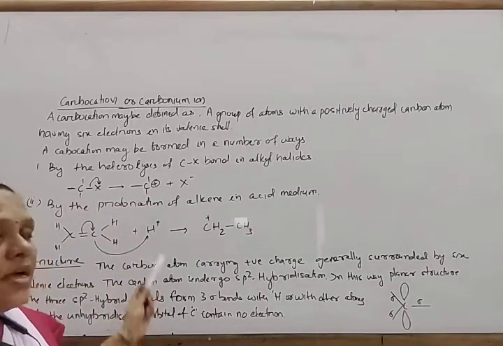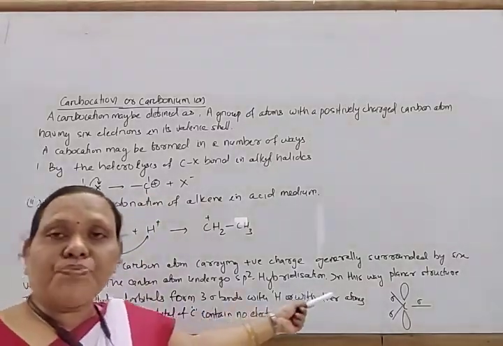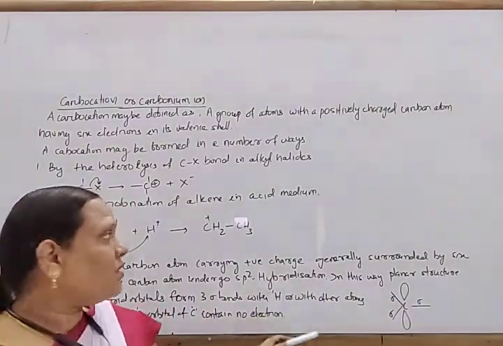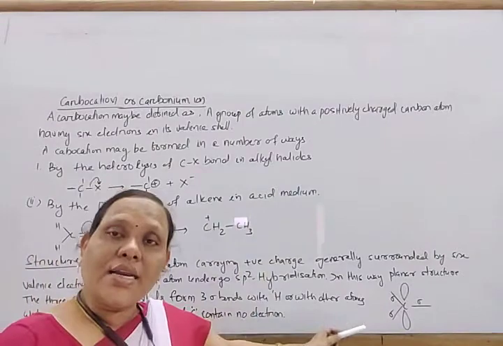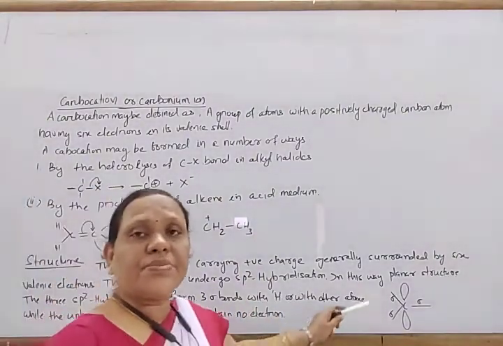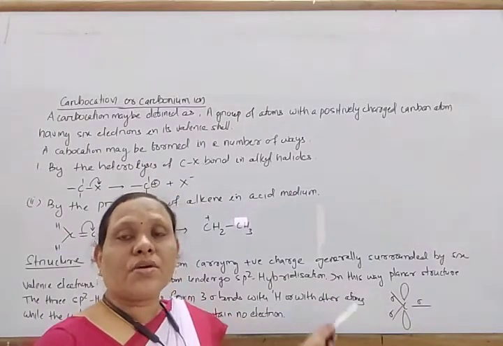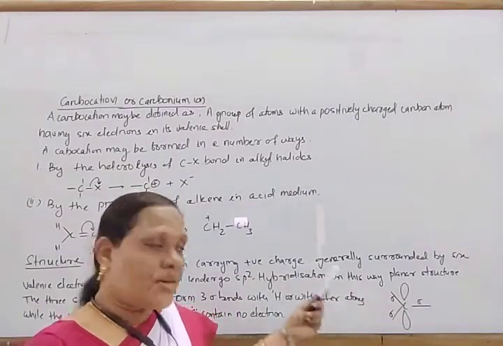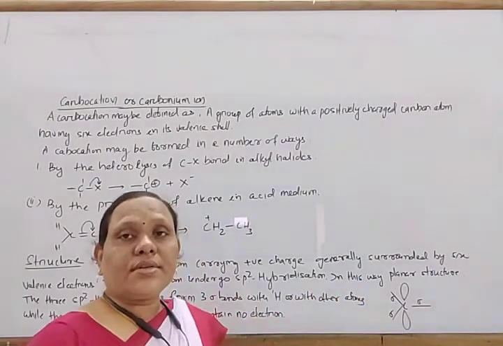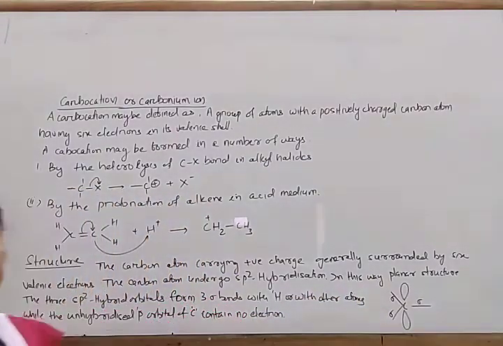So with these 6 electrons, it undergoes sp2 hybridization, and sp2 hybridization is planar in nature, so carbocation is planar in nature. Next, the 3 sp2 hybrid orbitals form 3 sigma bonds with hydrogen or other carbon atoms or with other atoms, and the unhybridized p orbital of carbon contains no electron.